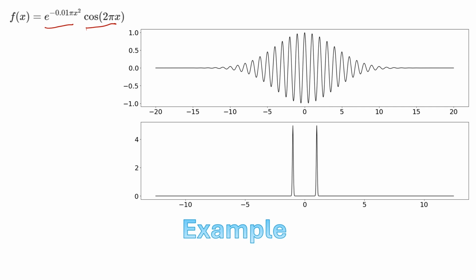The function is a sinusoid modulated by this Gaussian, and then we take its Fourier transform and we see Gaussian peaks at the two positions of the plus and minus frequencies in the cosine, and the widths are relatively narrow because the function is relatively broad in real space.